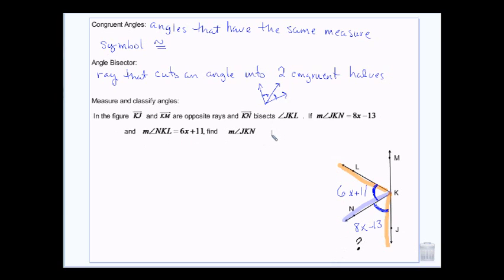So the first thing I need to do is find x. They're congruent, so I just make them equal to each other and solve it. I'm going to subtract 6x from both sides.